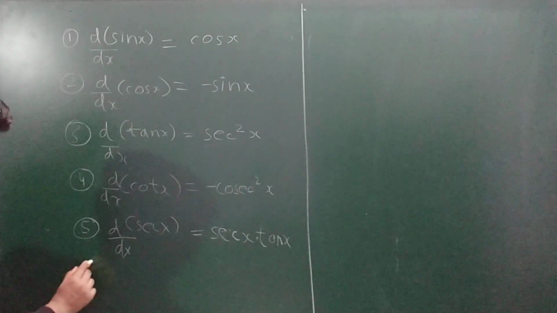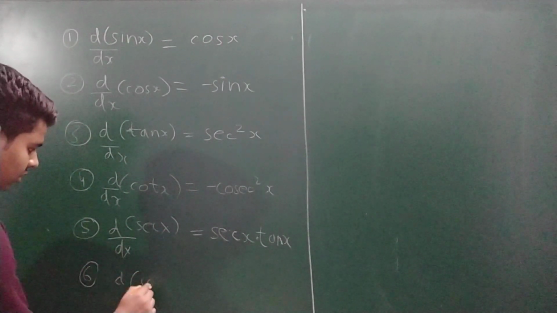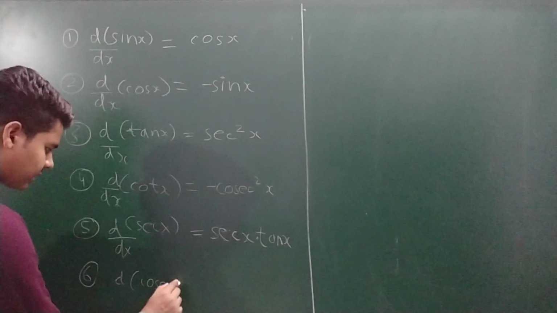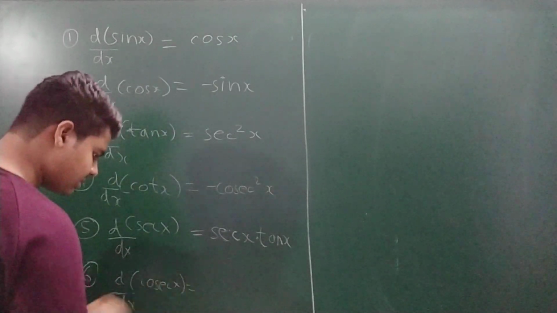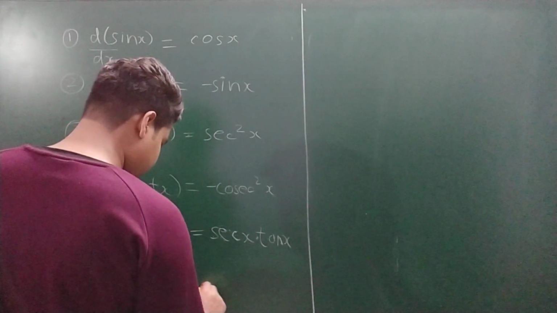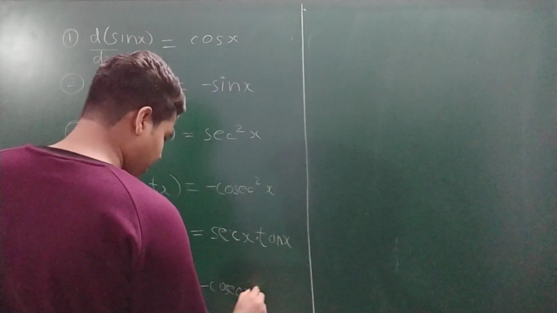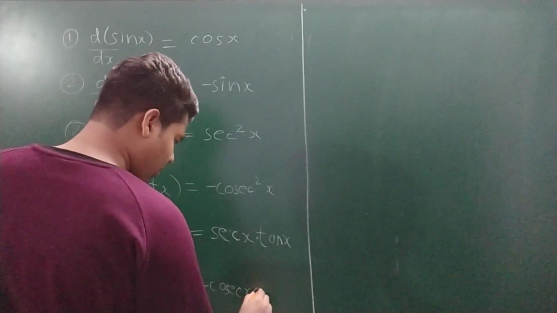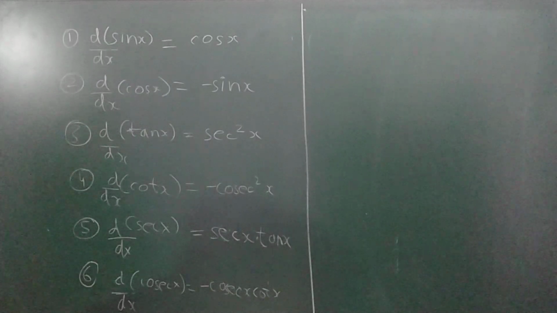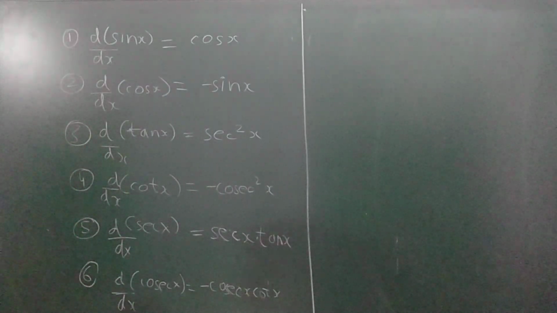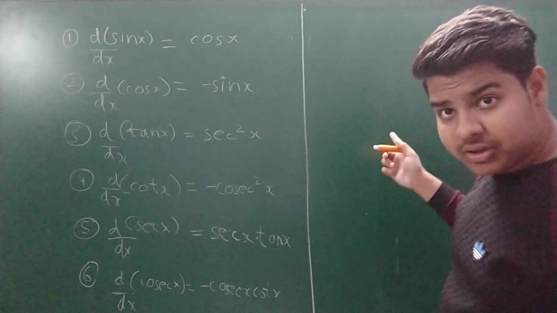And the sixth one, differentiation of cosec x with respect to x, is minus cosec x multiplied by cot x. These are the formulas for the differentiation of the various trigonometric functions.